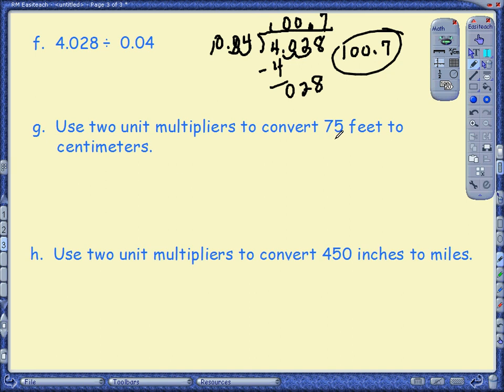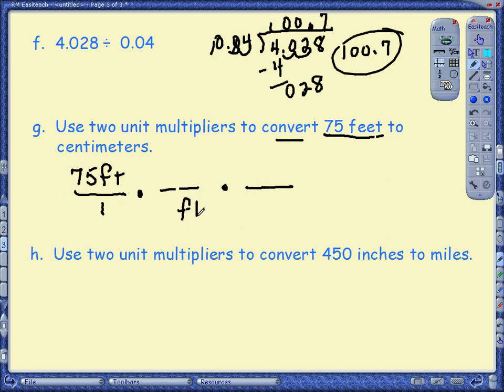Okay, whatever we are converting, this word always comes before it. That always goes over 1 with its unit, the abbreviation of its unit right beside it. We're going to use 2 unit multipliers, so I suggest putting in immediately the 2 fraction lines. Now we don't want feet anymore.